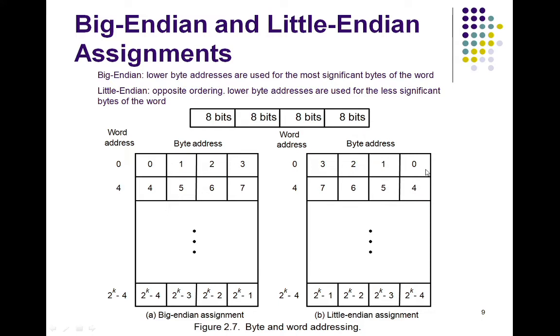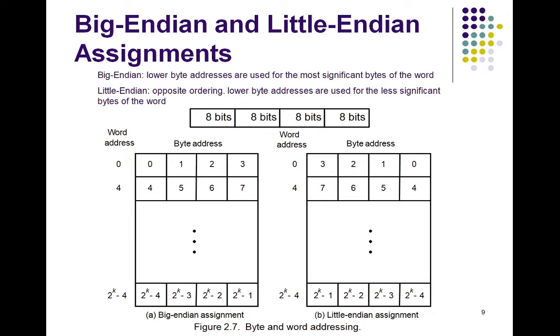So the powers of 2 are ordered in this way, that is 2 raised to 0, then 2 raised to 1, 2 raised to 2, 2 raised to 3, and so on. So weights are normally measured in terms of the power of 2 in case of memory assignment.